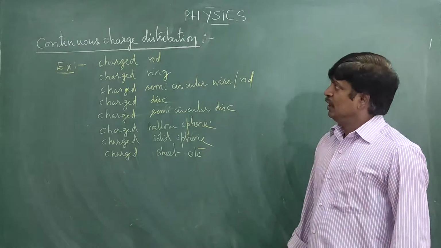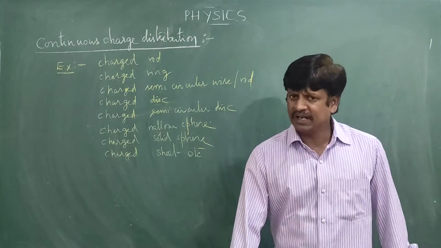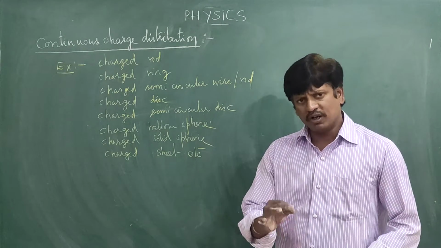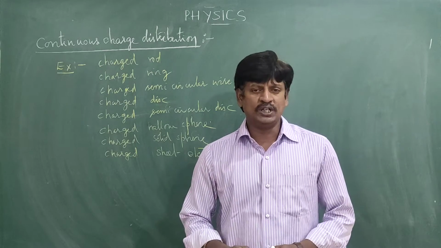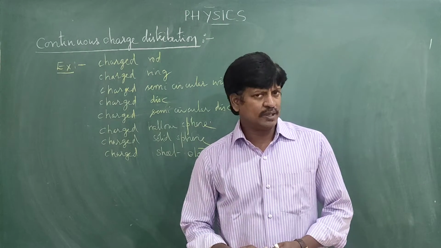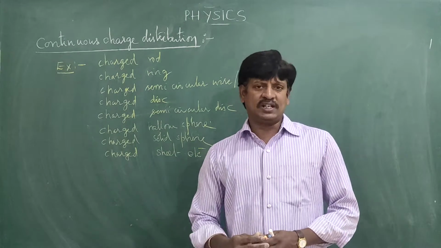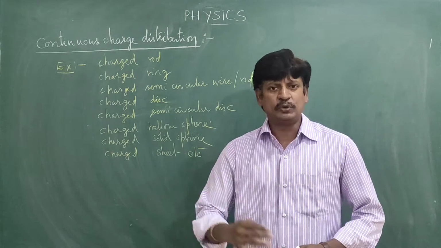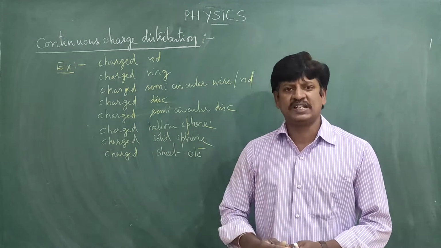Right? Then we are going to define density. You might have already seen the normal density. What is normal density? Mass per unit volume. It is called mass density. Or sometimes you might have seen linear mass density, mass per unit length. Do you remember? Or mass per unit area.